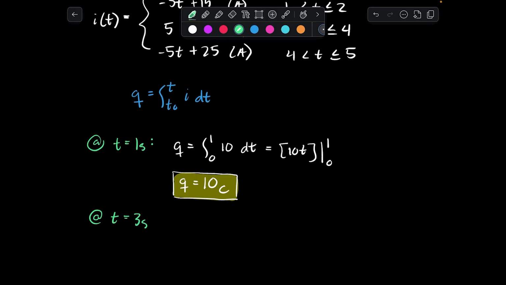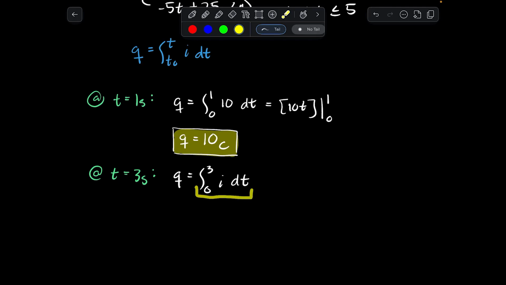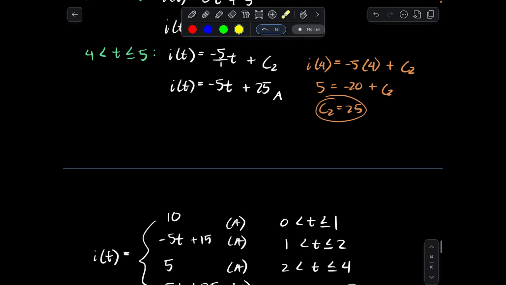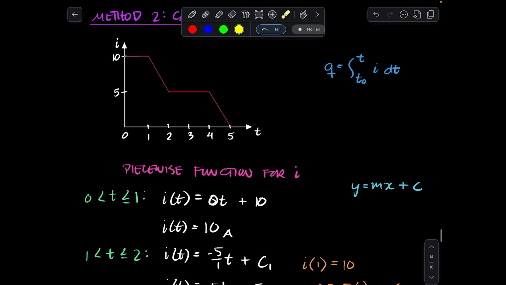Now, when t is at 3 seconds, we're going to find q by finding the integral from 0 to 3 seconds of I dt. And what we're going to do here is break up this integral into 3 different integrals, since we have 3 different intervals here: 0 to 1, 1 to 2, and then 2 to 3.